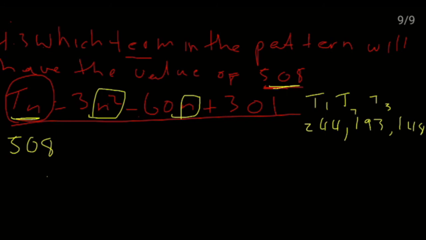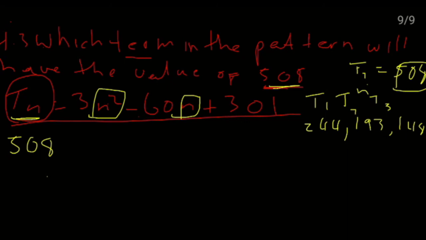Now we have a particular term which has a value of 508. That is what they want us to determine, that particular term, right? Meaning they want us to determine n. Now how do we do that? Let's just continue from here.